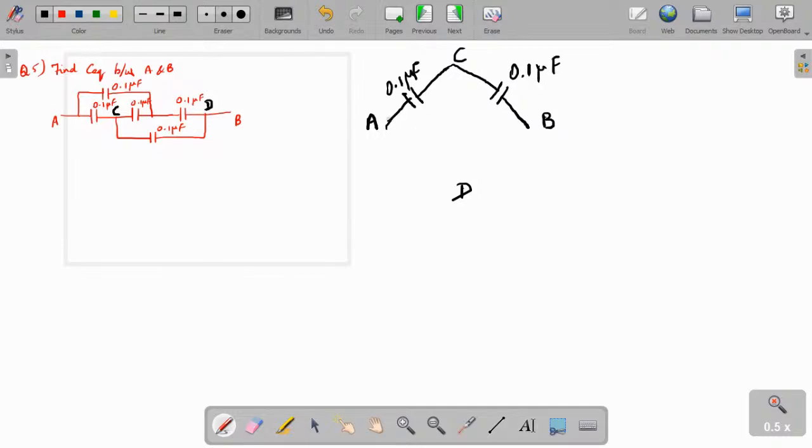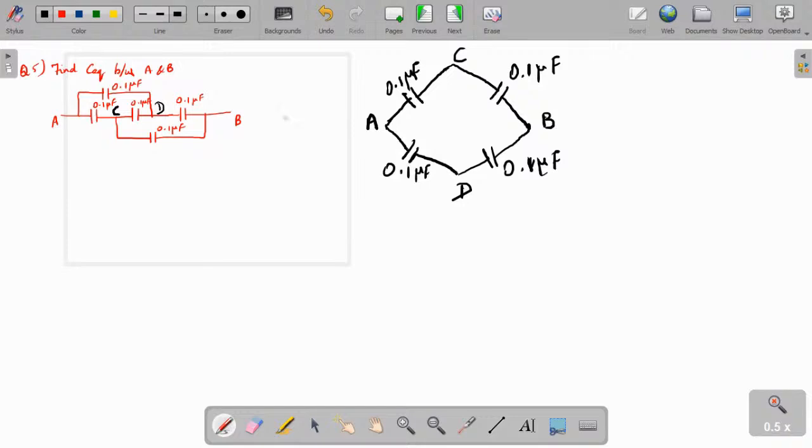Next, A to D. Sorry, not this point, this is not D, this point is D. So A to D I have 0.1 microfarad. And what about B to D? There is 0.1 microfarad.